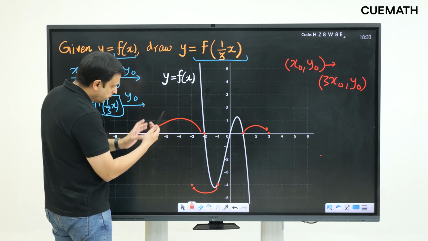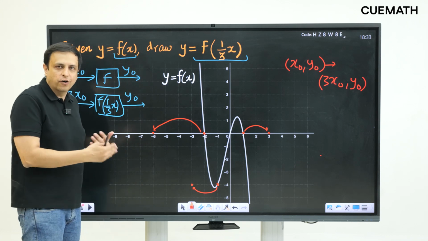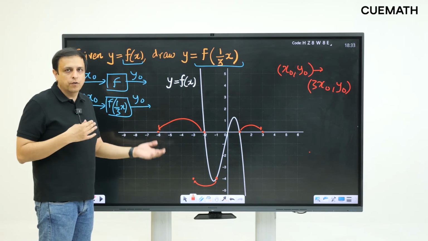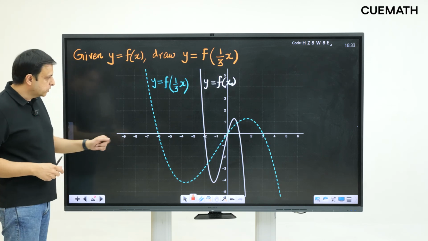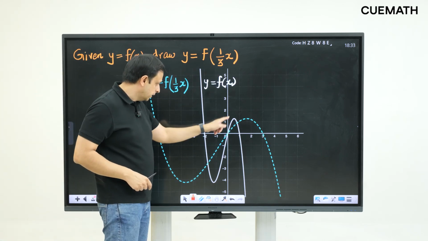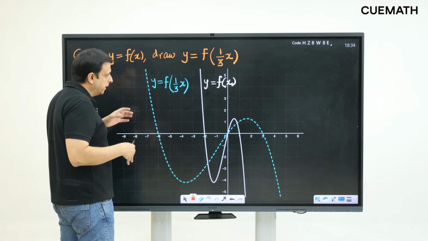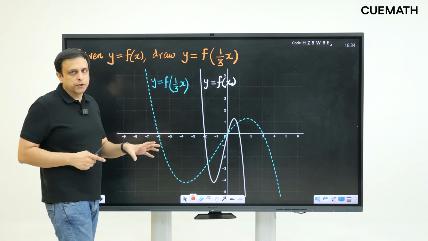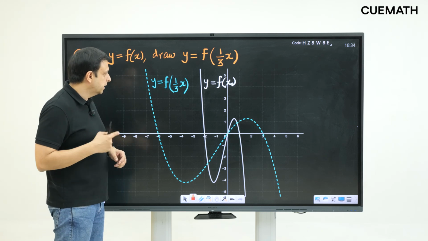So you can almost visualize a horizontal stretching of the original function, the opposite of what happened in the previous case. And what does that look like? It looks like this. Here's your original function, and then there's a horizontal stretching because every point on the original function is transforming to a new point where the x coordinate is tripling.